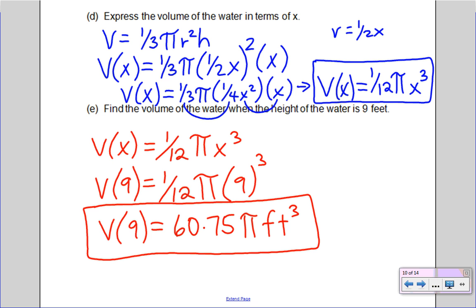So see, if we just know the height of the water, we can plug it into that formula and find what the volume of the water would be. Because the radius is changing, we didn't know the radius there, so we would need a formula based solely on the height. Okay, so let's try another example.